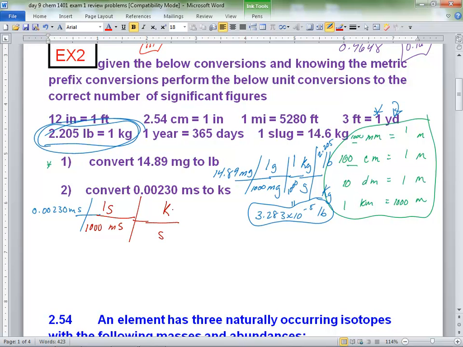Kilosecond. Then look over here. The 1 always goes with the kilo. 1,000 goes with the unit. So you put the 1 there. So writing this out, I think, will really help prevent some mistakes. Not only prevent mistakes, but make things a lot faster. So divide by 1,000 twice.